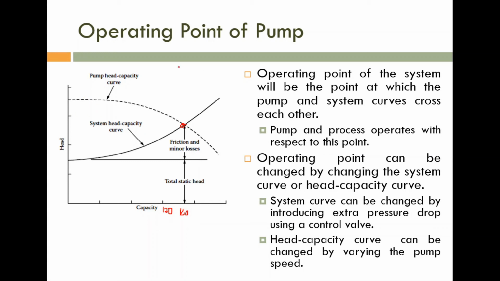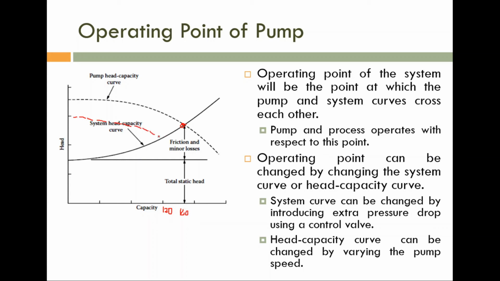Please note, the pump curve will change with respect to the speed of rotation of the impeller. By reducing the speed of the pump, we can change the pump curve. So this one is the pump curve corresponding to a decreased speed.